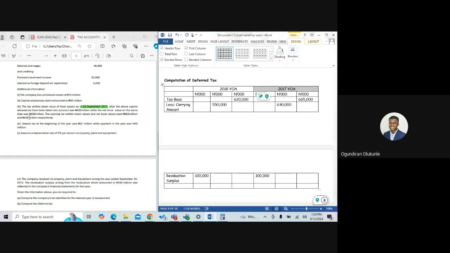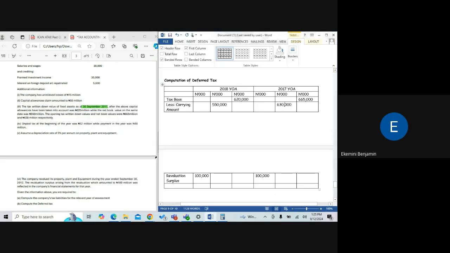And the taxable value for 2017, which is the opening taxable value, is 665,000. The tax base must be deducted from the carrying amount to get the difference. So the carrying amount, which in the context of this class is the net book value, is 550 million and 630 million.